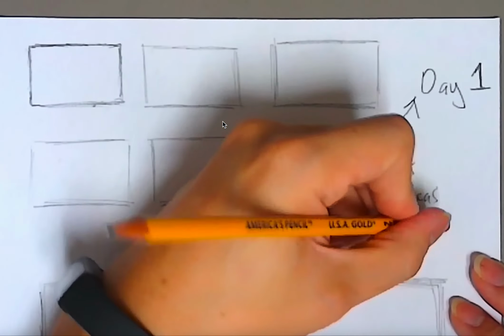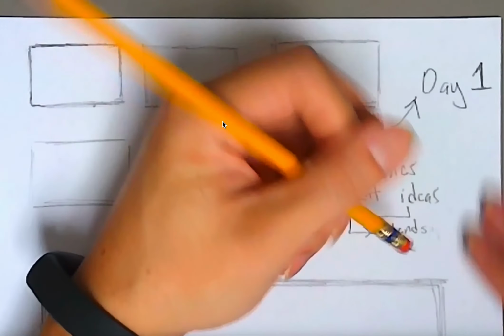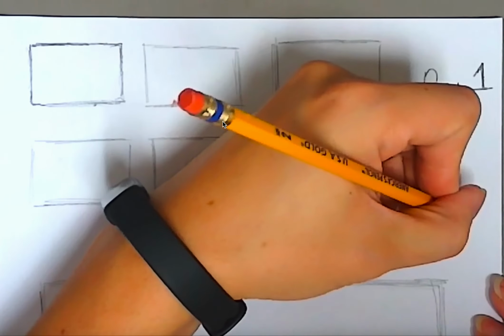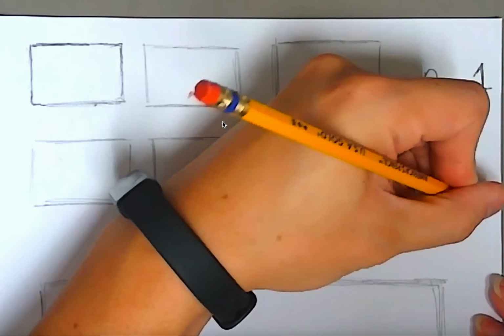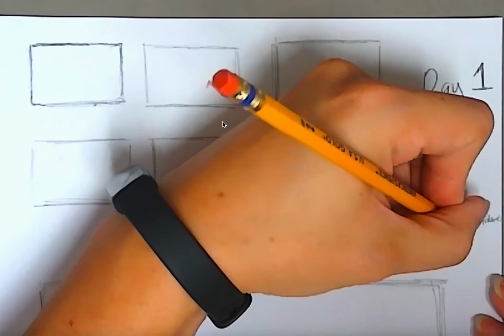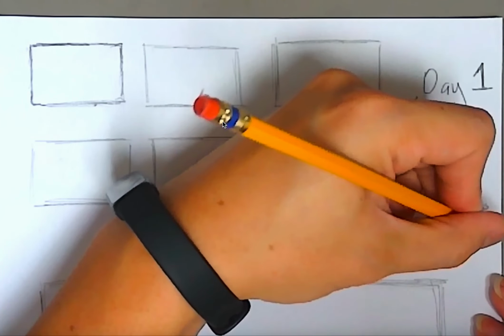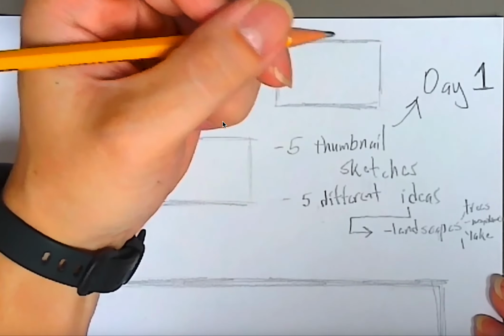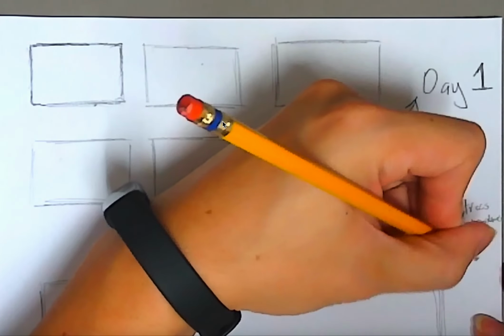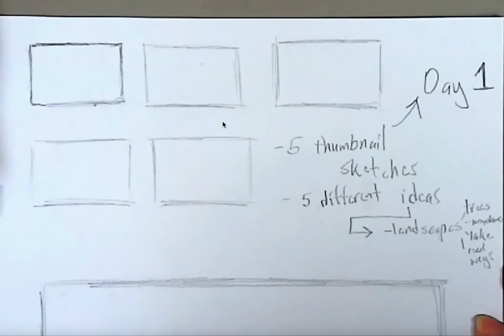Oops, can't spell landscape. So you gotta have some trees, mountains, a lake, or, I don't know, roadways. It's up to you, but you just gotta make sure you have the landscape.